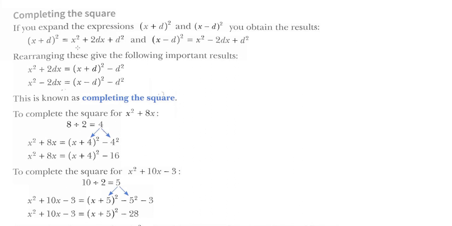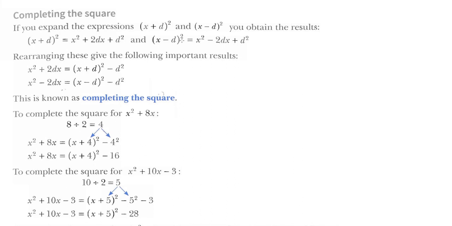Completing the square. If you expand the expression x plus d whole square and x minus d whole square, you obtain the results. X plus d whole square, by using a plus b whole square formula, is x square plus 2dx plus d square.